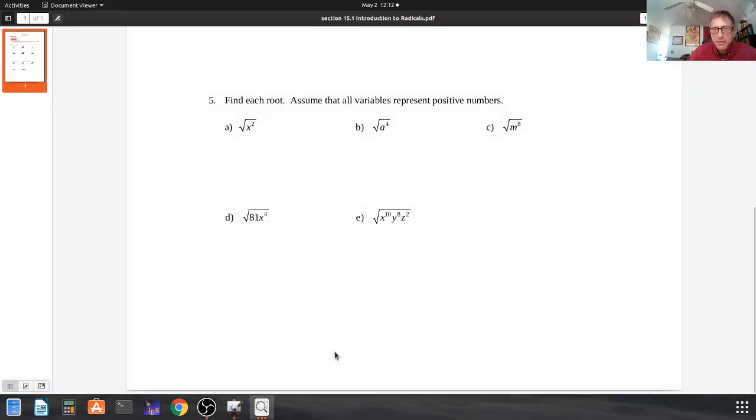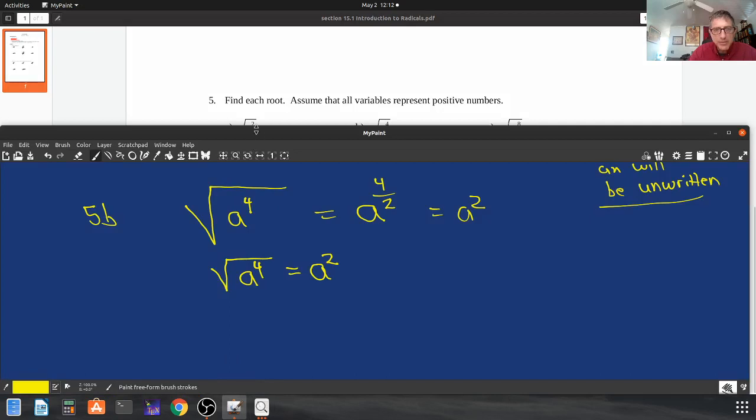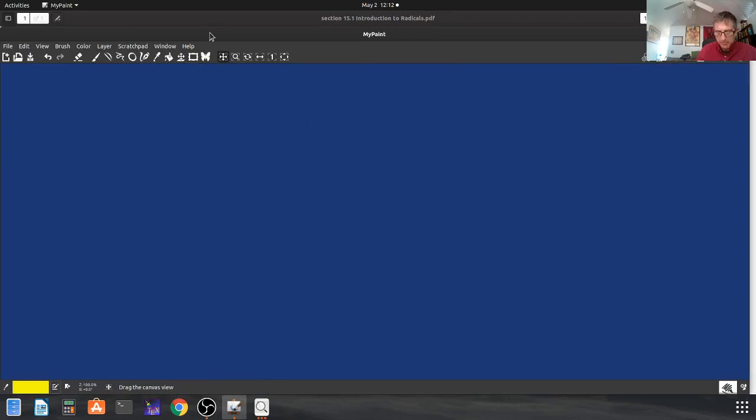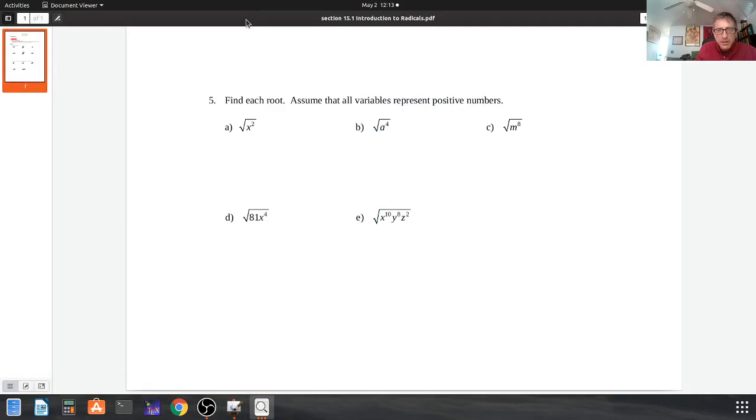The next one we're going to do is m to the 8th. These are pretty easy. The square root of m to the 8th is equal to m to the 8 divided by 2, which is m to the 4th.